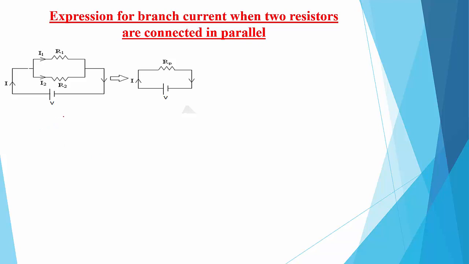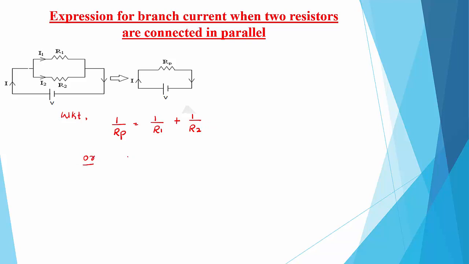First I am going to consider the parallel combination expression. We already derived the expression for two resistors connected in parallel. We know that 1 by Rp is equal to 1 by R1 plus 1 by R2.